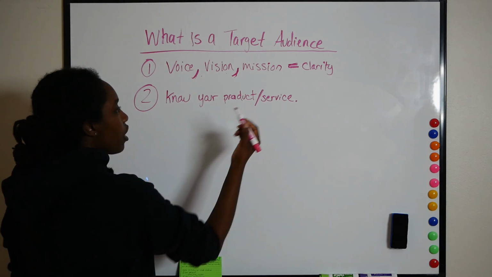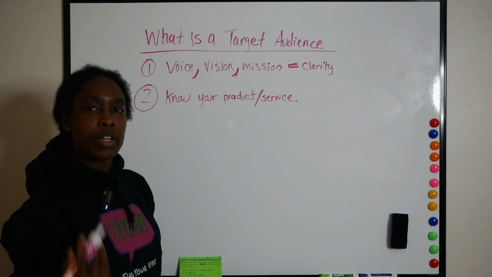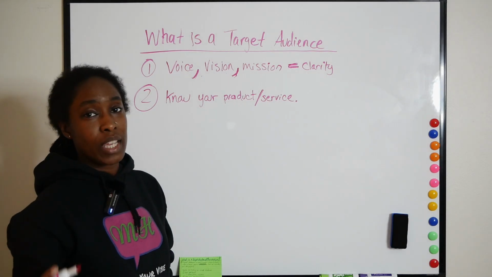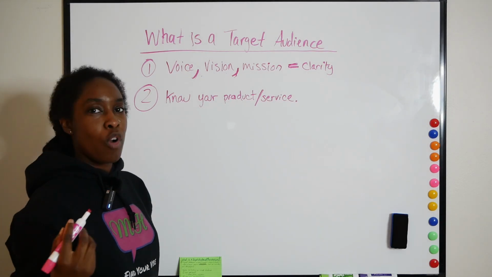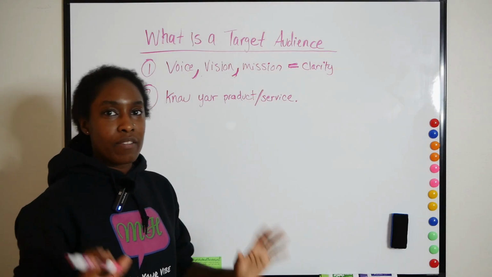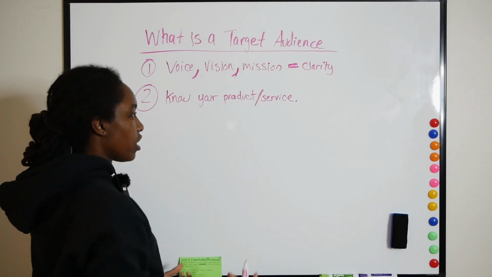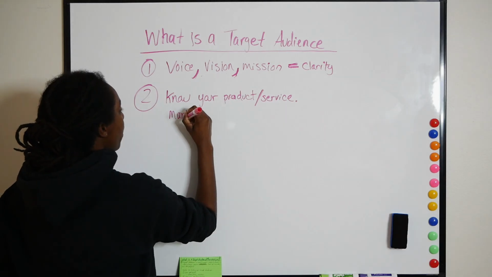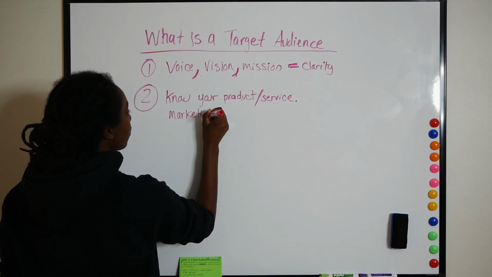So once you know your product and service, you understand who it's for, then you want to begin to craft a message. How are you going to craft a message that conveys what it is that you offer? We'll call that a marketing message.